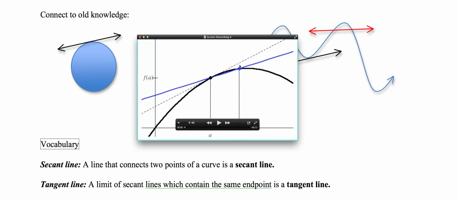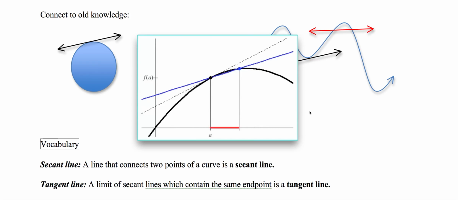If I drag this blue point along the graph to this point and let the line go with it, then the blue secant lines will eventually collide with that tangent line that is dotted. In essence, the limit of the secant lines will become this tangent line. It doesn't matter whether that blue point is to the right or to the left. Either way it will work. So let's watch and see how that goes.